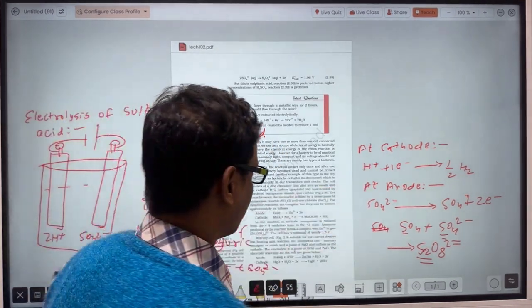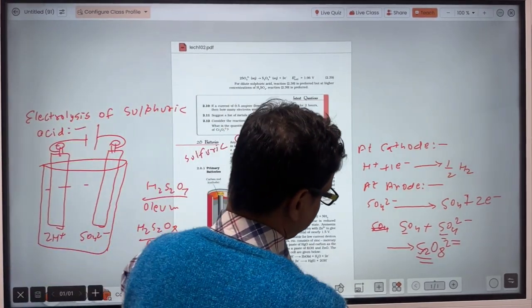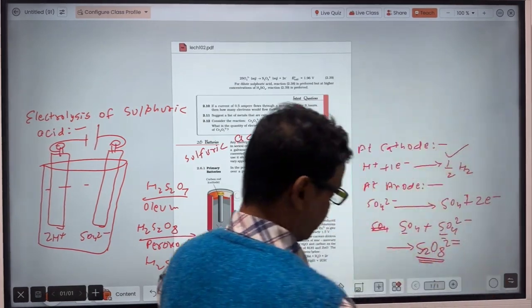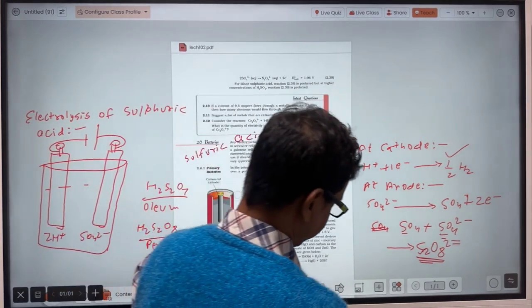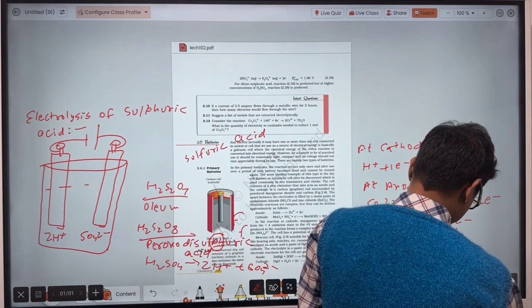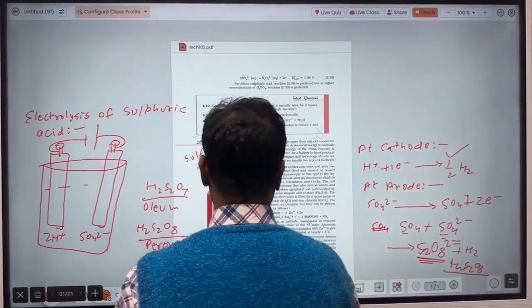So during the electrolysis of sulfuric acid, the product will be hydrogen at the cathode and peroxodisulfate ion. This will again combine with hydrogen and form H2S2O8, so peroxodisulfuric acid will be the product.